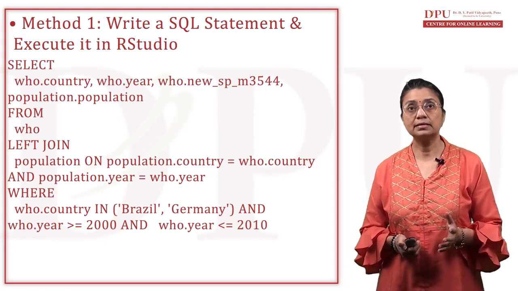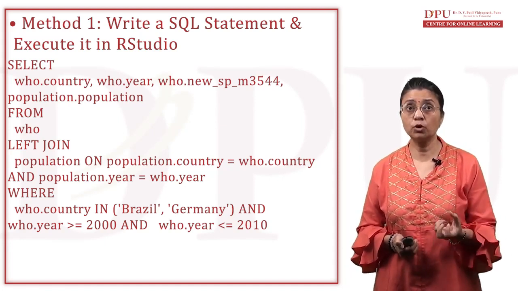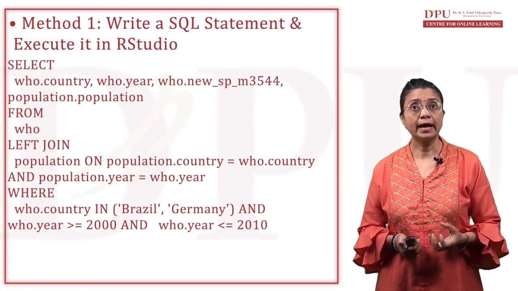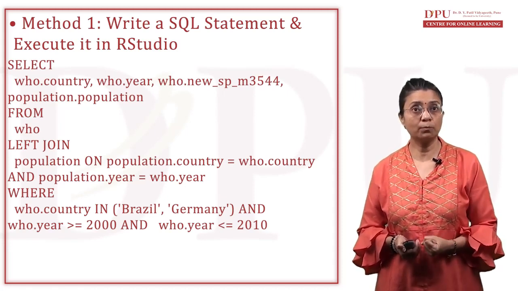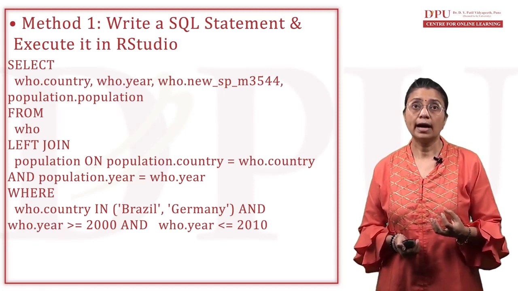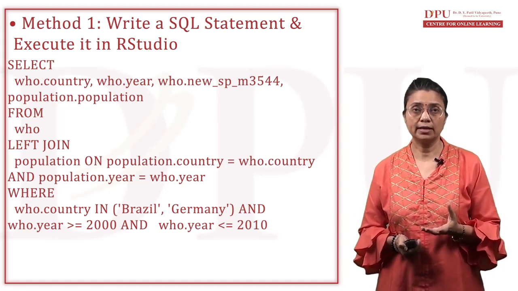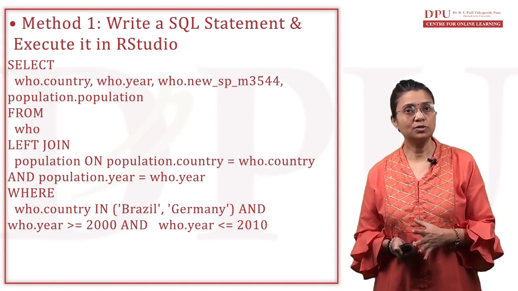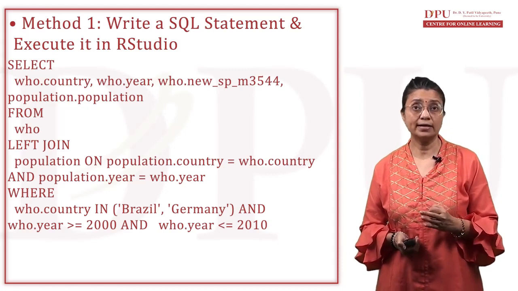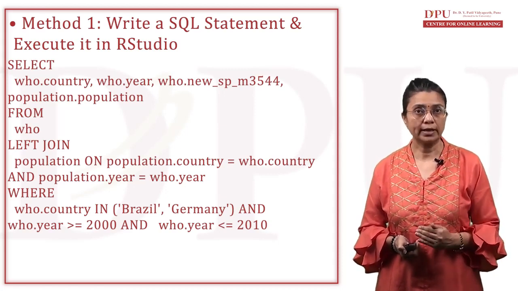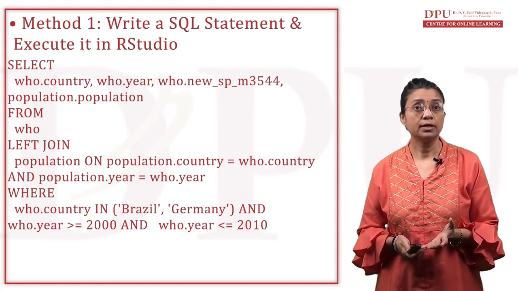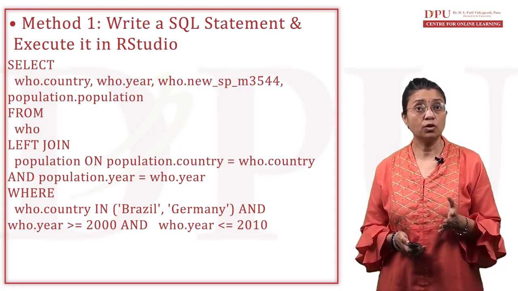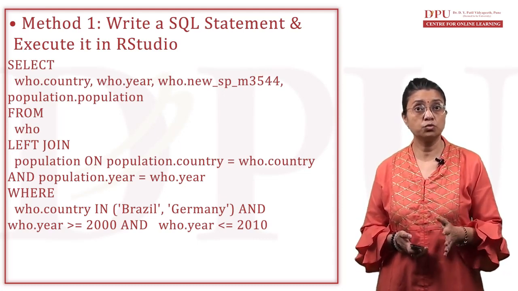Now you see that there are three variables which are pulled from the who table and one variable is pulled from the population table. So I'm making a join from the who table and the population table. From who, I write from who, left join. So I'm using the left join, and population on population.country equals who.country.